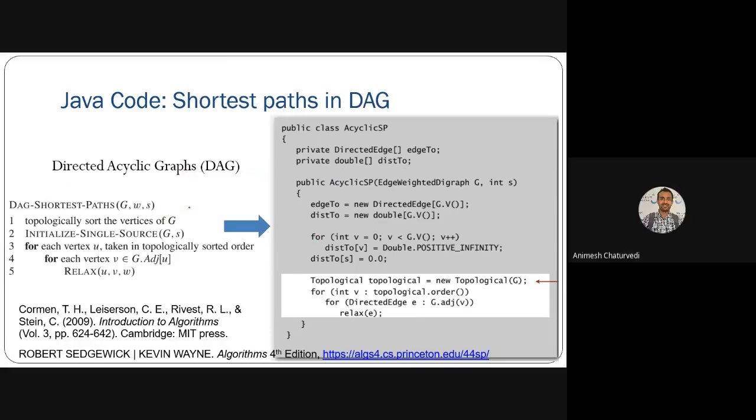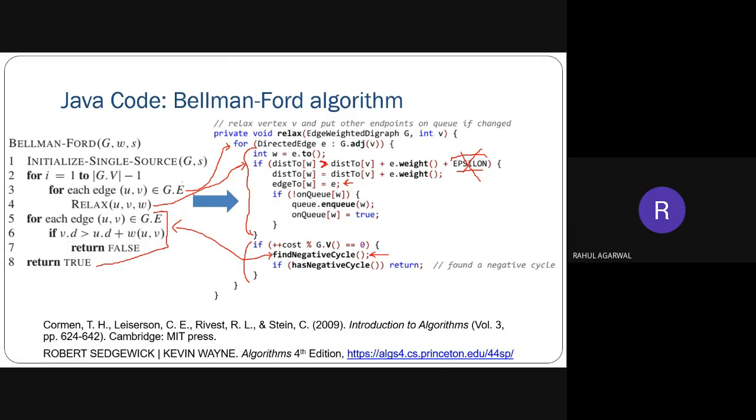Sir, in the previous code, can you show? Yes. Why are we checking the negative cycles in every iteration of relaxation? So we have to check the negative cycles after relaxation, because in the algorithm we are checking for negative cycles after the relaxation process is done.